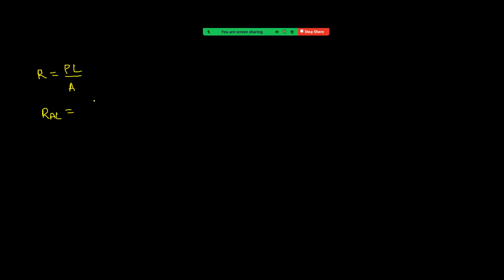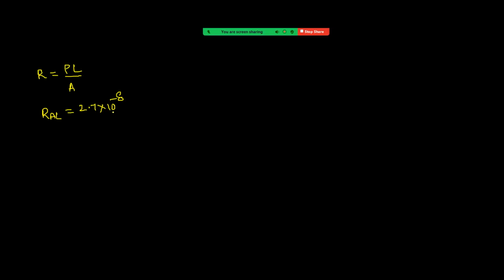Resistance of aluminum is equal to rho. See rho of aluminum, how much given? Electrical resistivity of aluminum 2.7 10 power minus 8, that is resistivity of aluminum.